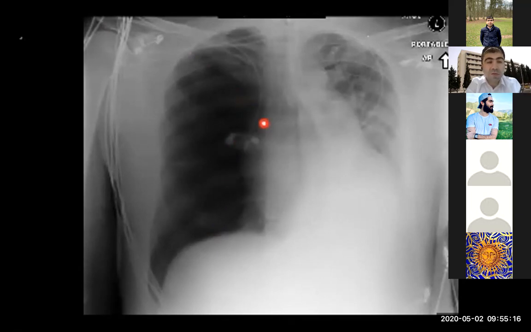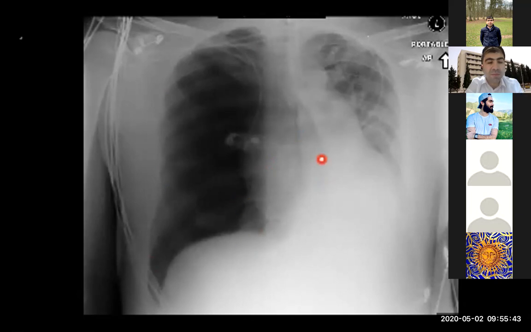So this is normal lung tissue actually. You see lung marking here, but on this side you cannot see the lung marking. And if you concentrate on the mediastinum, there is shifting of the mediastinum. All this is air, all air of the lung. So there is hyperinflation on the left side, the right side, sorry, and shifting of the mediastinum and flattening of the diaphragm.